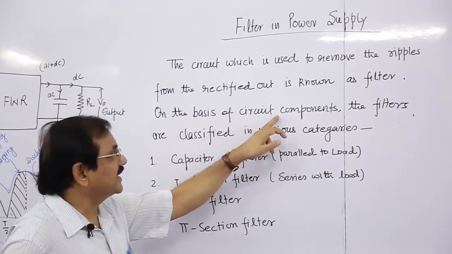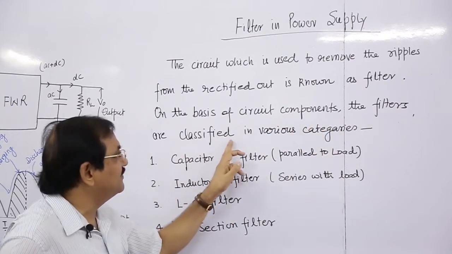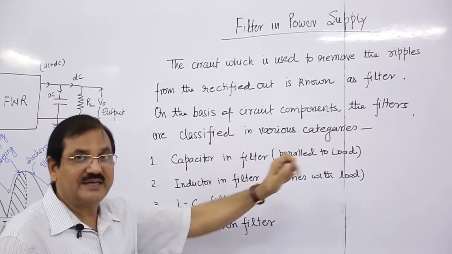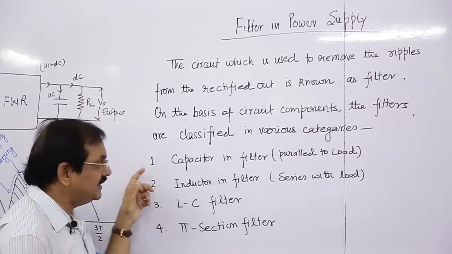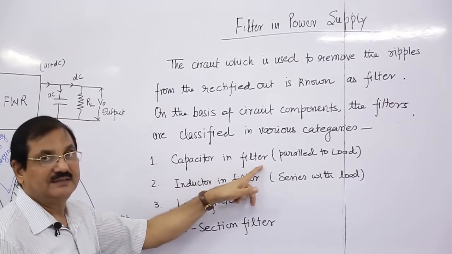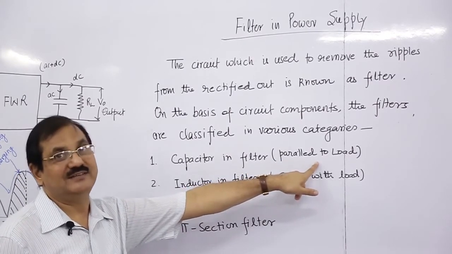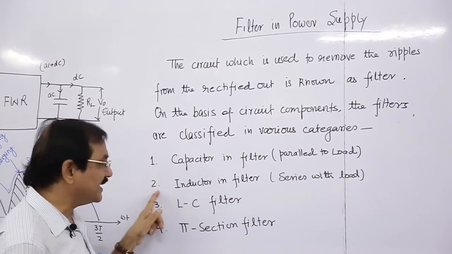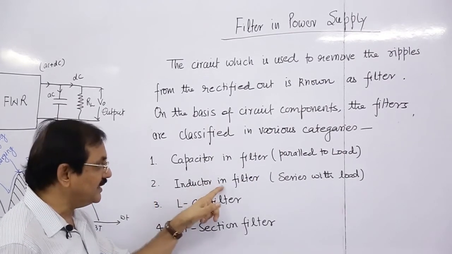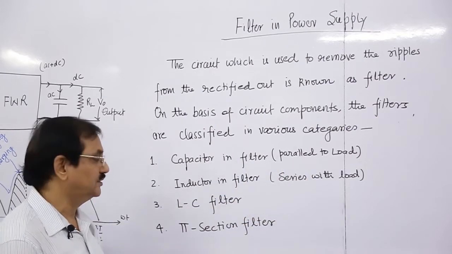On the basis of circuit components, filters are classified into various categories. These are: capacitor filter, which is used in parallel to the load, the first of its kind and the simplest one. The second is inductor filter, in series with the load.